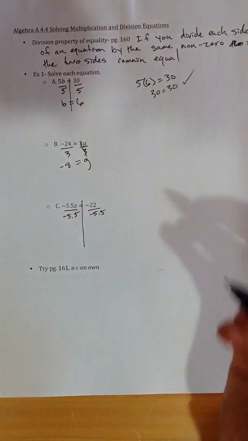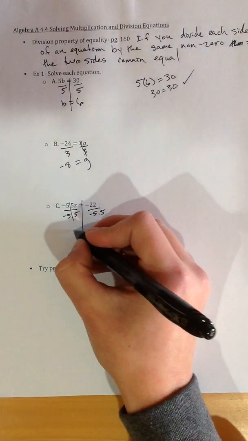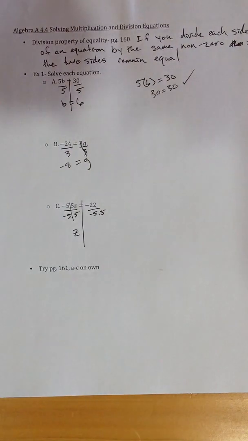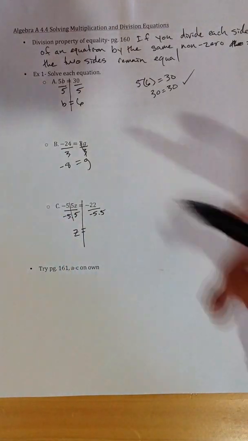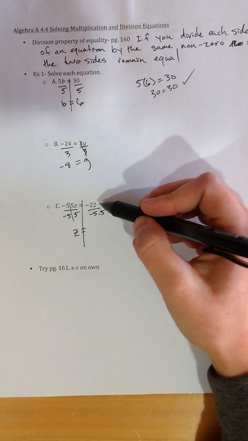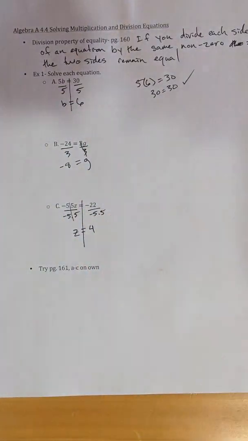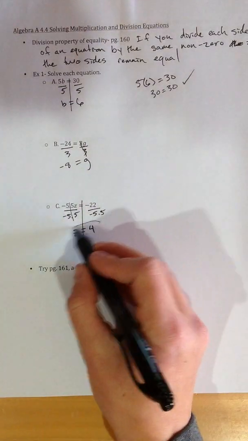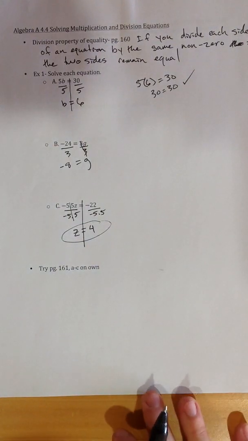Those are going to go away, and we're just going to be left with z, because negative 5.5 divided by negative 5.5 just comes out to be 1, or 1z. Then if I take on my calculator negative 22 divided by negative 5.5, it should come out to be an even 4. That would be your answer there. And again, you could plug those back in and see if you're correct.